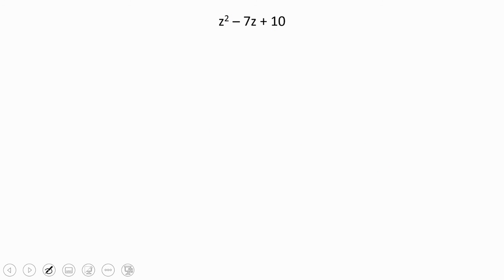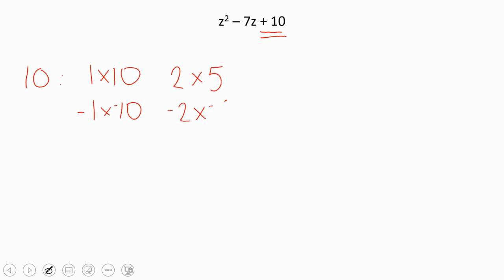All right, so now our c is still positive. We're still finding factors of a positive number, but now our b is negative. So the first step is going to be the same. You're finding the factors of 10. It's going to be 1 times 10, or negative 1 times negative 10, 2 times 5, or negative 2 times negative 5.